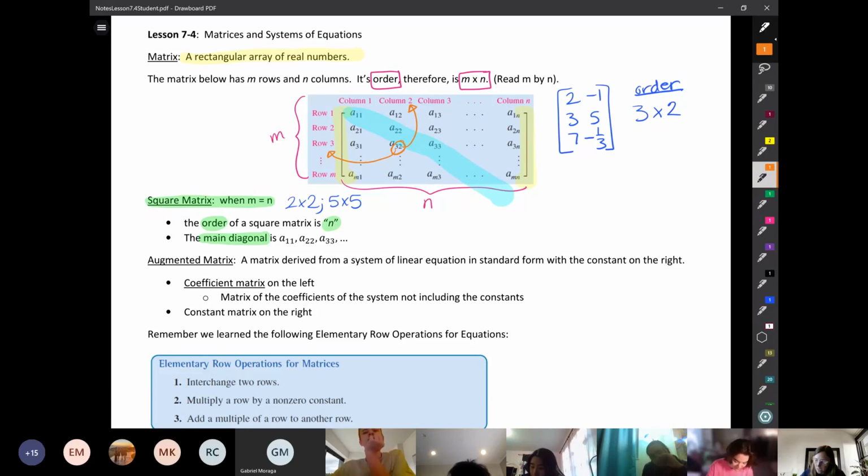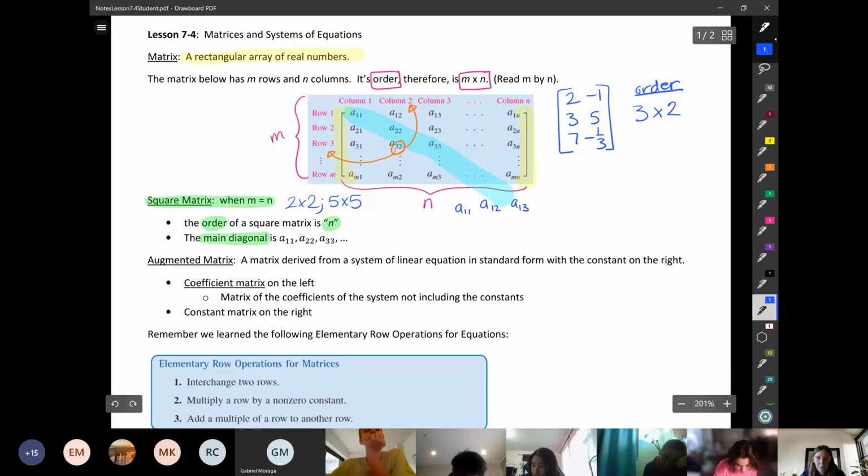Okay. So let me show an example of a 3 by 3 written with that notation. My first term is A11 because it's row 1, column 1. Going across that row, my second one would be A12, row 1, column 2. Then A13, row 1, column 3. My second row would be A21, row 2, column 1, then A22, A23.